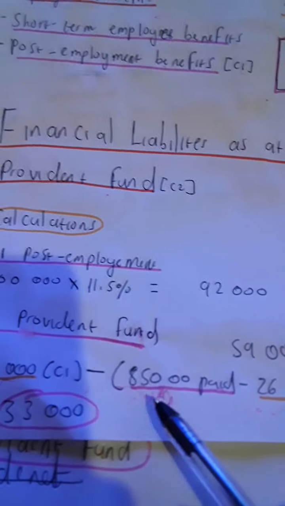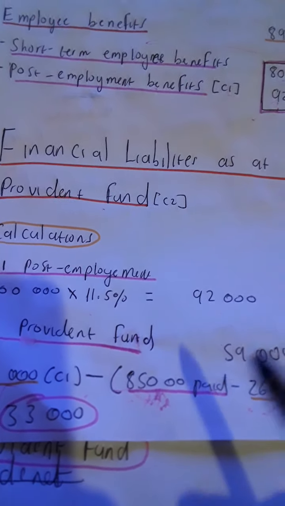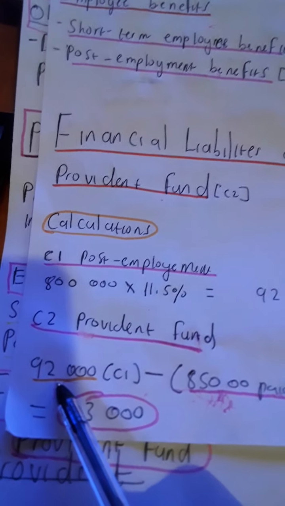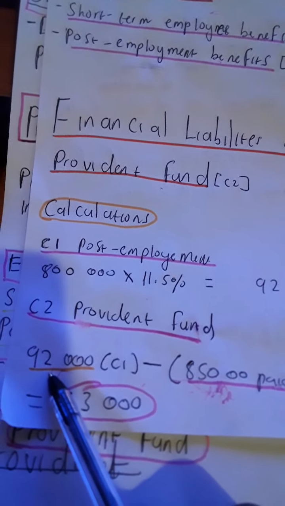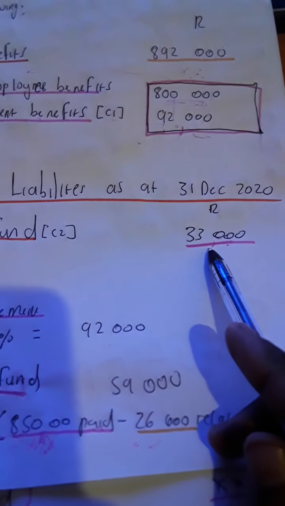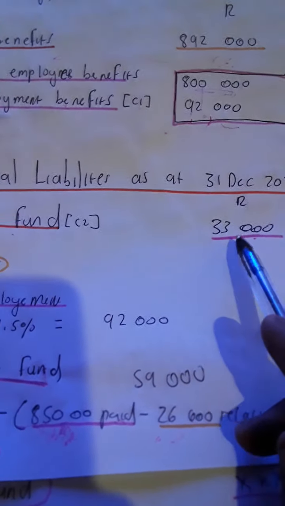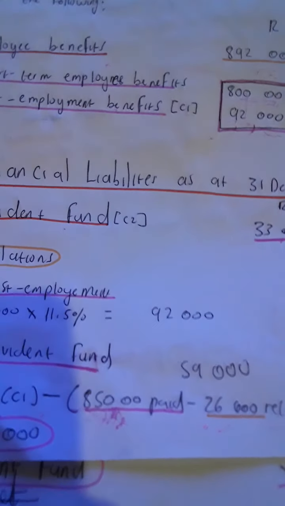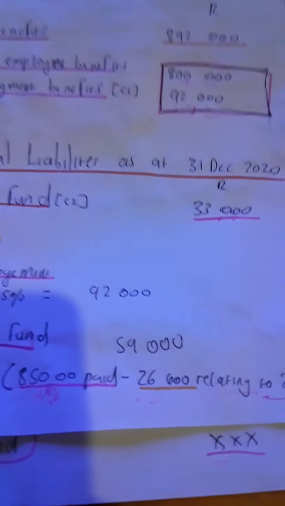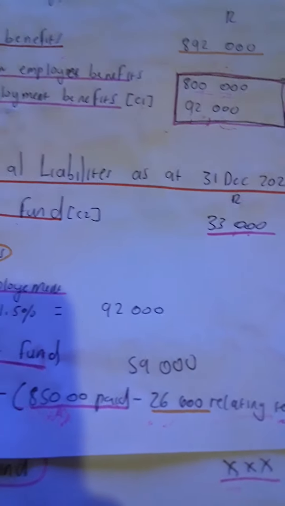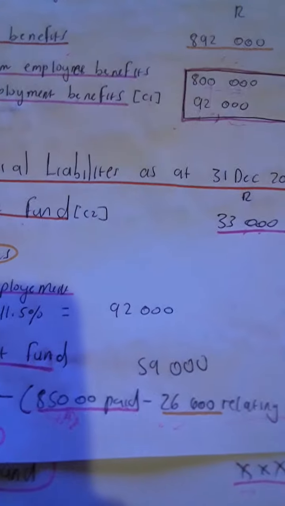So this is why we need to subtract the payments that have already been made from the figure that we are expecting to make. This gives us 33,000. So that means the company has a liability of 33,000, which is still to be paid to the provident fund. This is why it's a financial liability. This is the amount which has not yet been added to the provident fund.